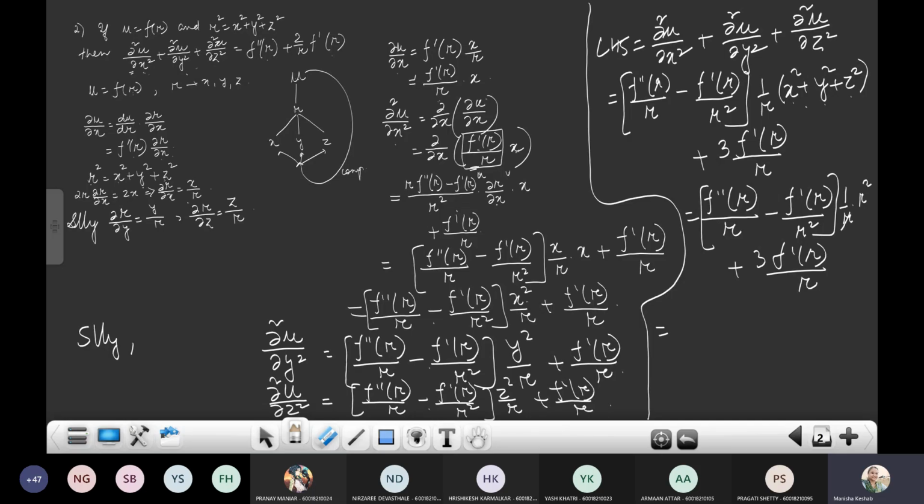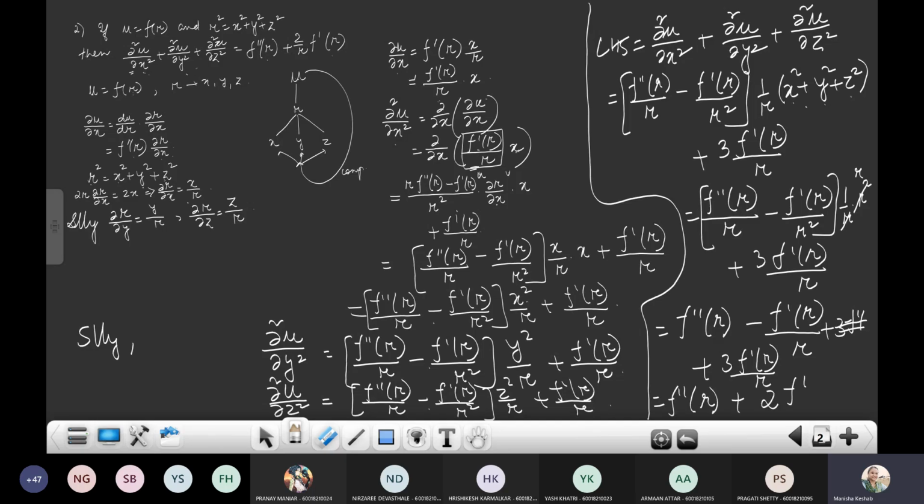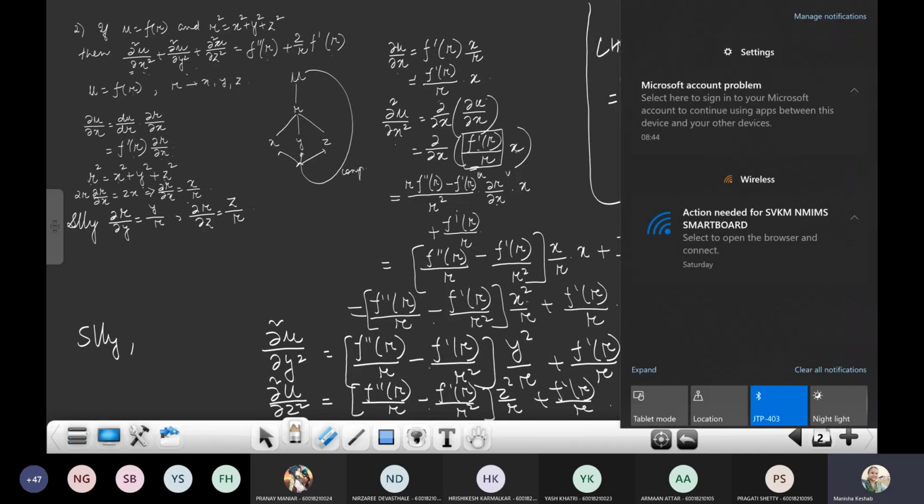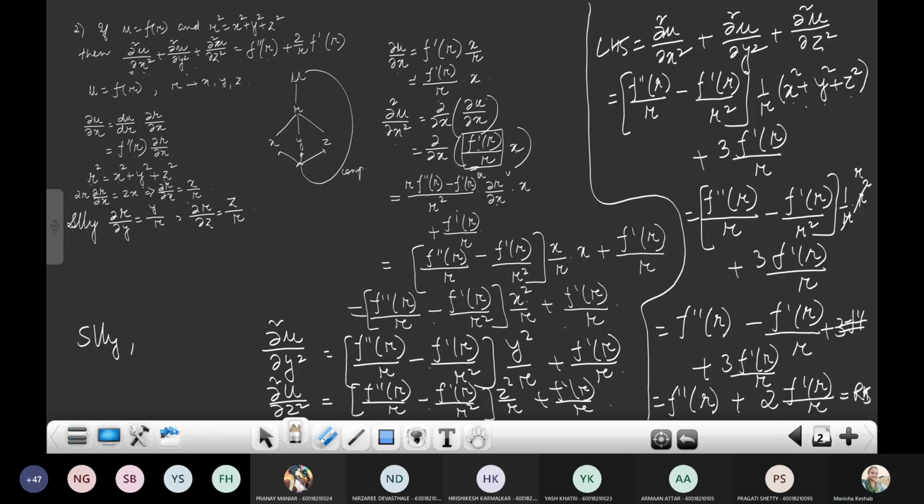Now simplify it: f double dash of r minus f dash of r by r plus 3 times f dash of r by r, which is equal to f double dash of r plus 2 times f dash of r by r. This is what we wanted.